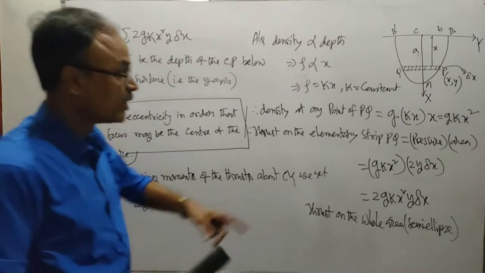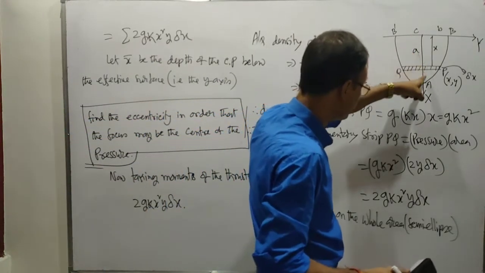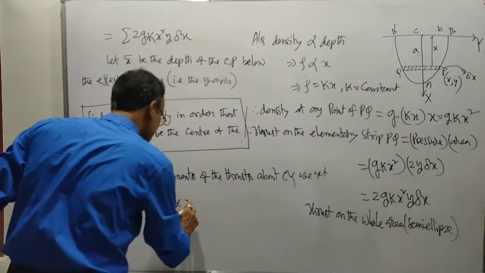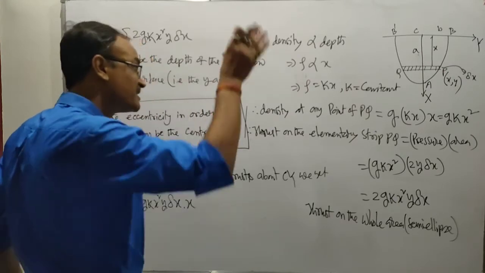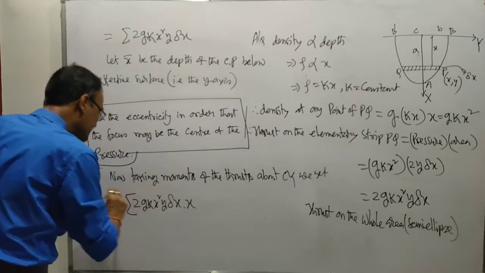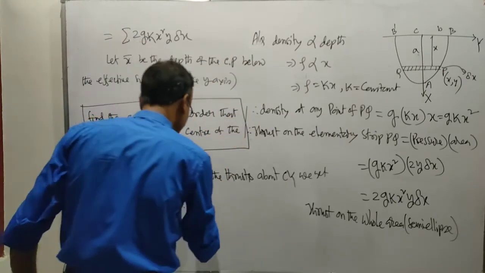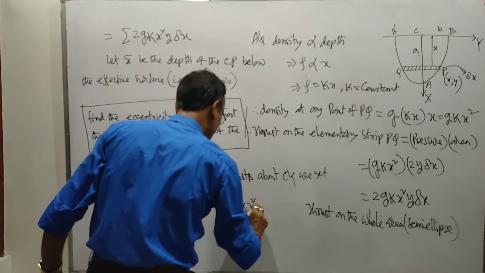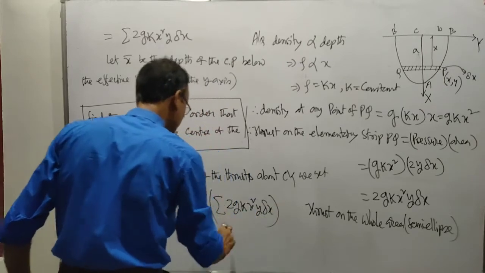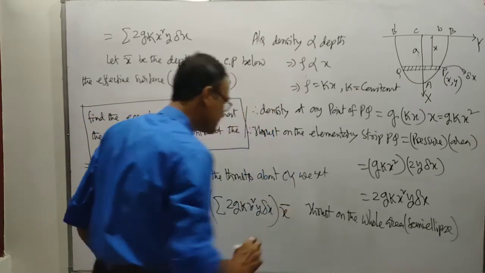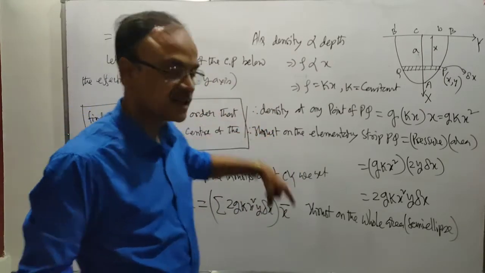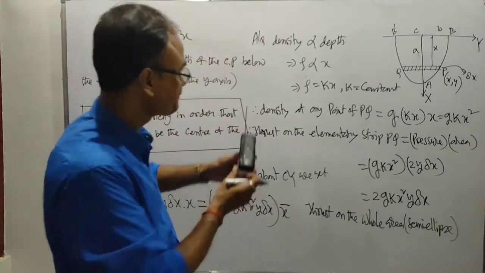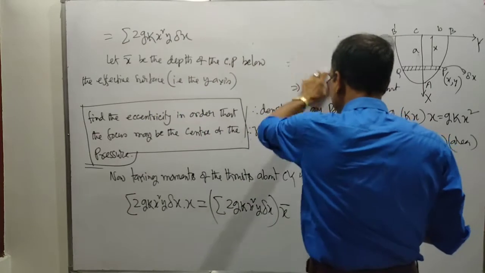What is the moment of this about cy? Multiply this by x, and the sum of the moments will be equal to the moment of the resultant, 2 zk x square y delta x, and the resultant must pass through the center of pressure. Therefore, it will be x bar.